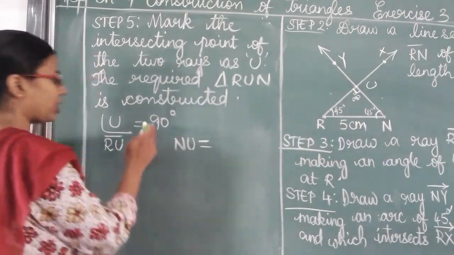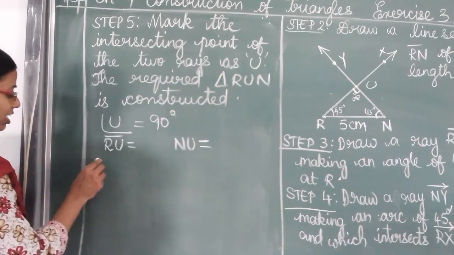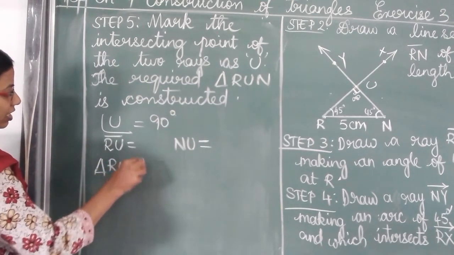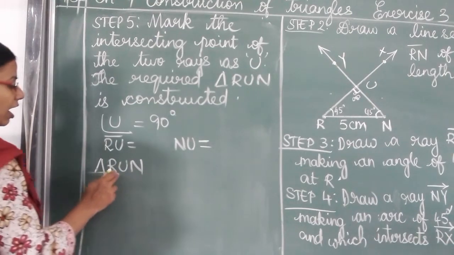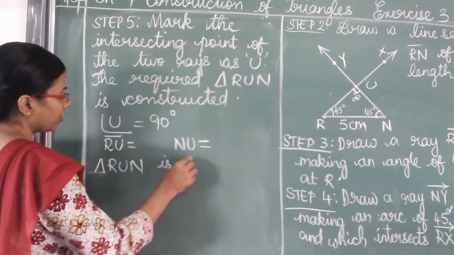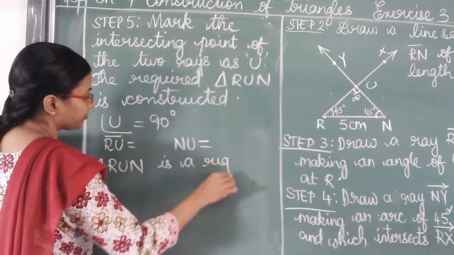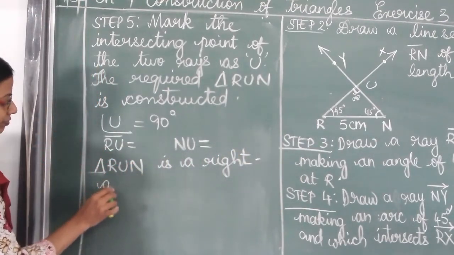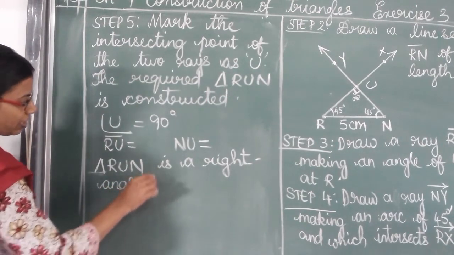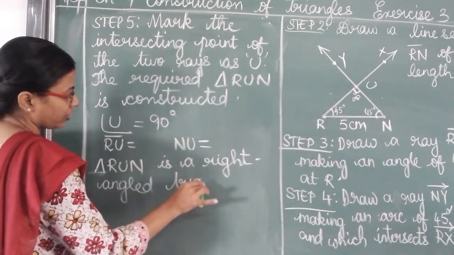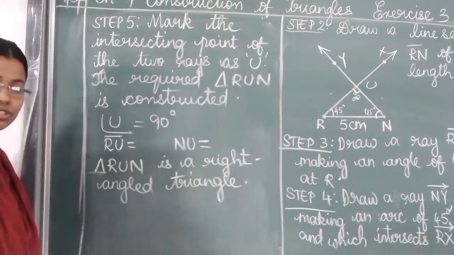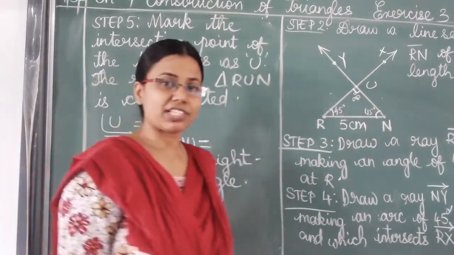So you know that when you have one right angle, it is a right angled triangle. Triangle RUN is a right angled triangle. Understood this, children? Copy in your classwork books.